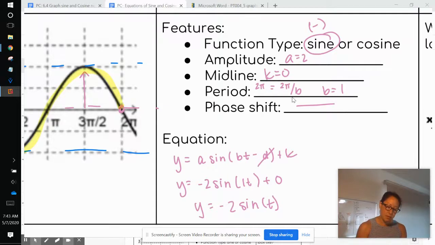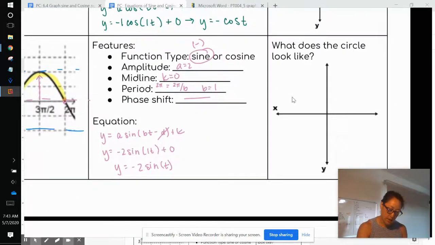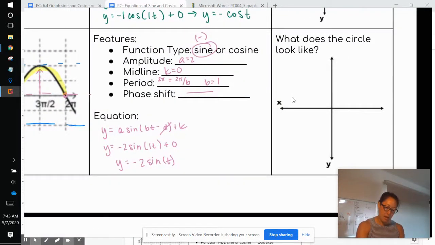All right, what does the circle look like? This time the midline is at, we're focused on our height, so vertically, where are we on the circle? So my midline is still going to be at 0, 0. And then what I'm going to do is look at my amplitude.